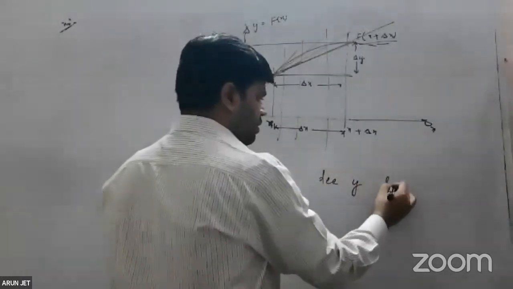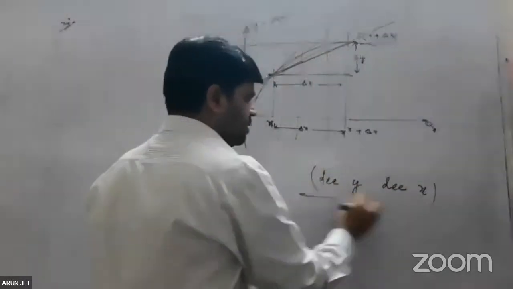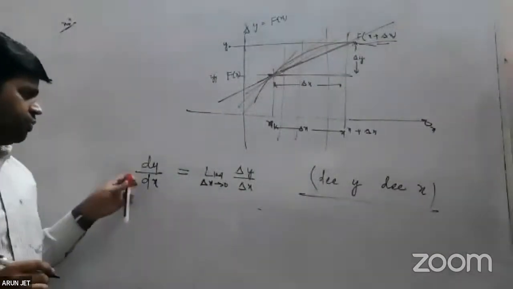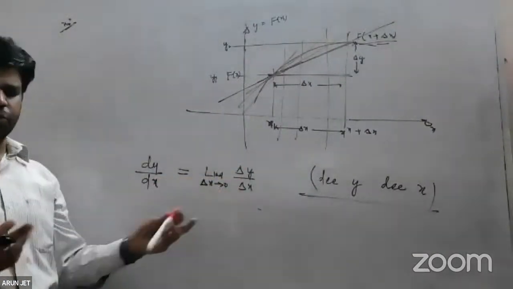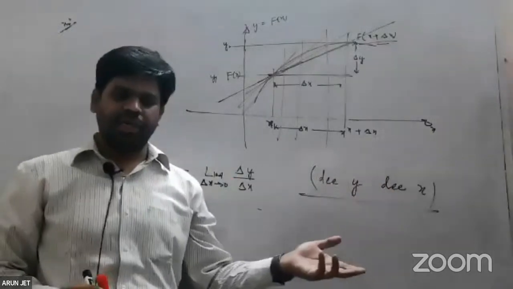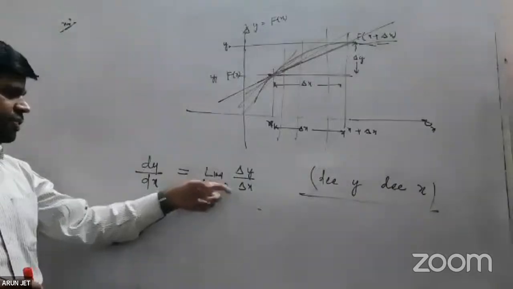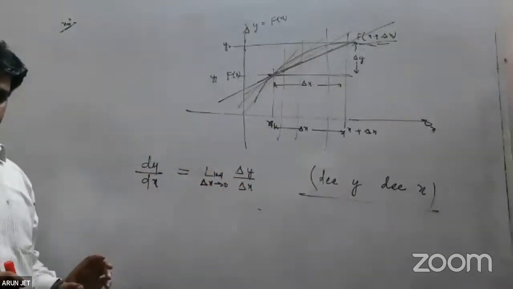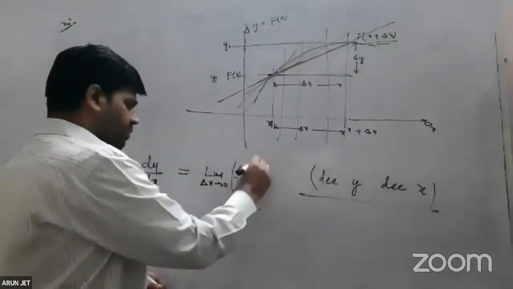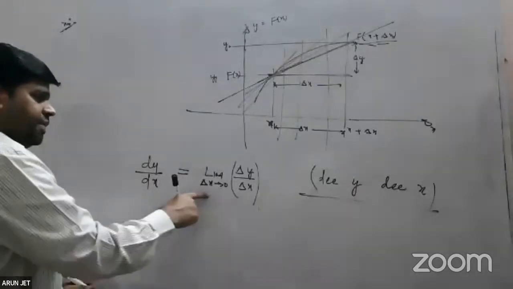There's no by here, but for delta y by delta x we say by. Sometimes some people say dy by dx, that's okay, but it is more technically called dy dx, which is equal to limit delta x tends to 0, delta y by delta x. So the slope of the chord is now the slope of the tangent when delta x tends to 0.